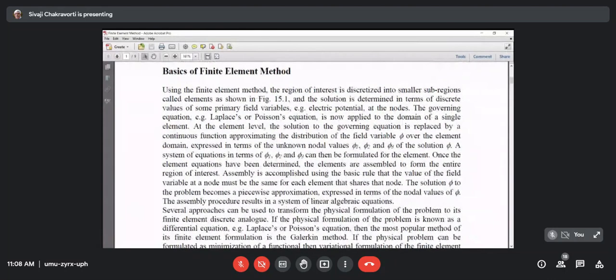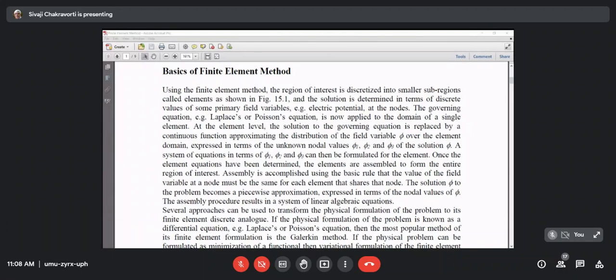Now, going into the basics of finite element method, as we have done in FDM, we have subdivided our region of interest into either a square or a rectangle. In three-dimensional cases, it's either a cube or a rectangular parallelepiped.